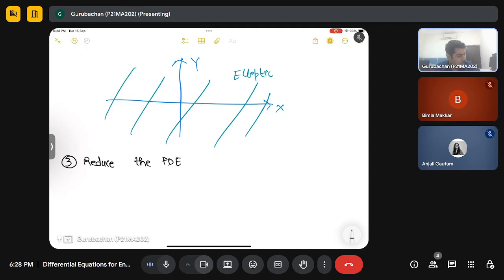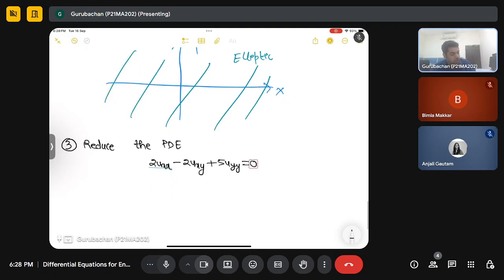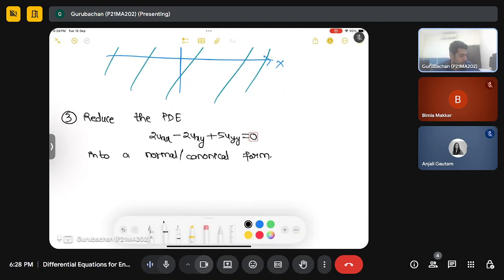Reduce the PDE uxx minus 2uxy plus 5uyy equal to 0 into a normal, or you can say canonical, form. So we have been given this PDE, and we have to reduce it into normal or canonical form.